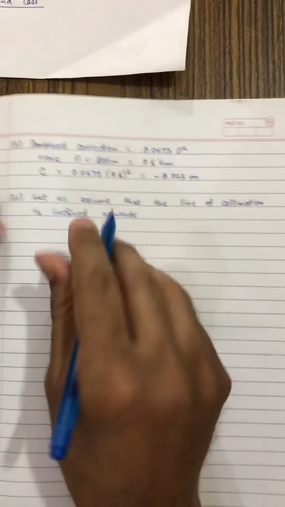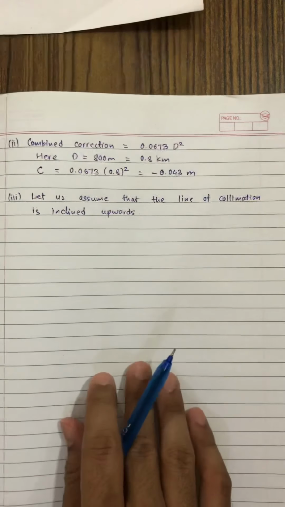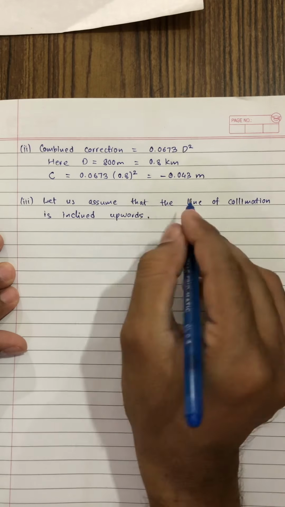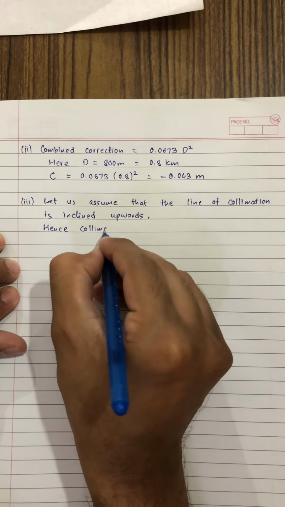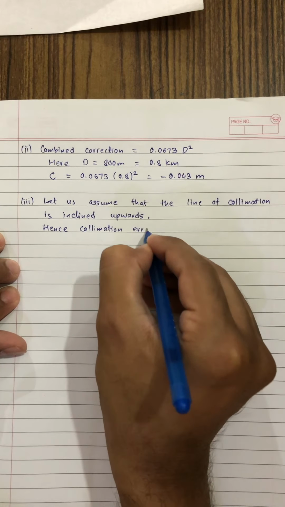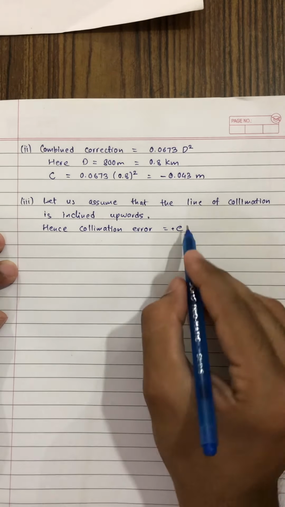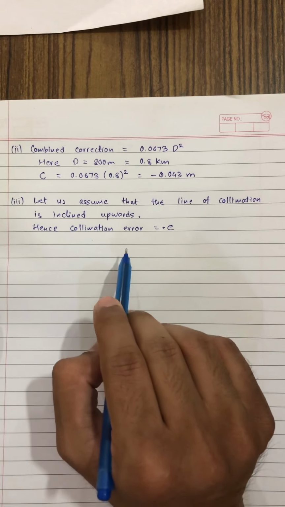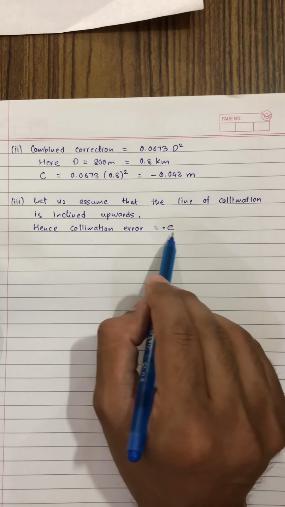Okay, if the line of collimation is inclined upwards, then the collimation error will be plus E. You can write the plus over here, or you can just put this as E itself. If we had assumed that the line of collimation is inclined downwards, then the collimation error would have been minus E.